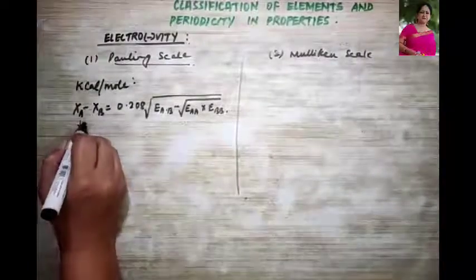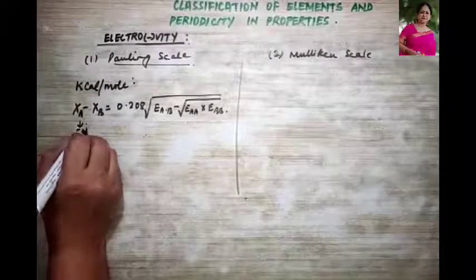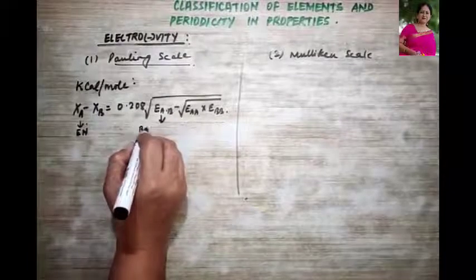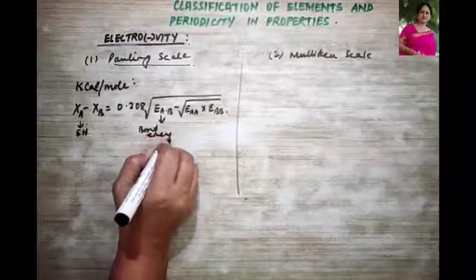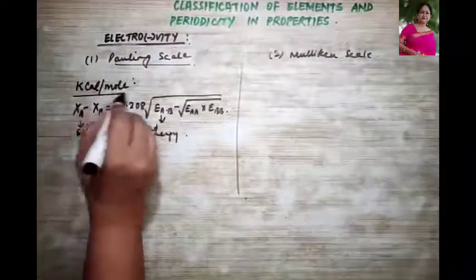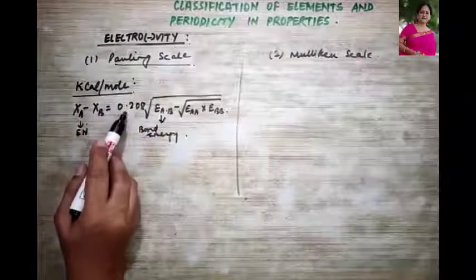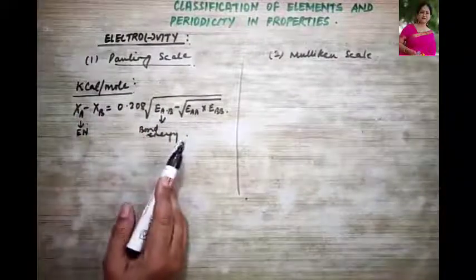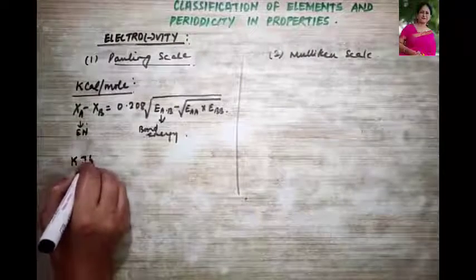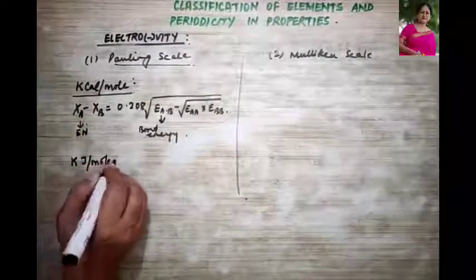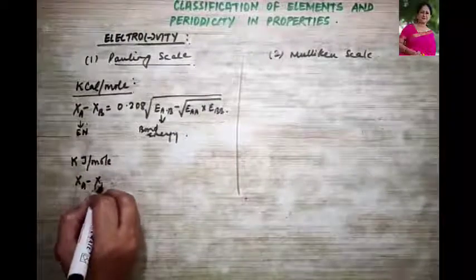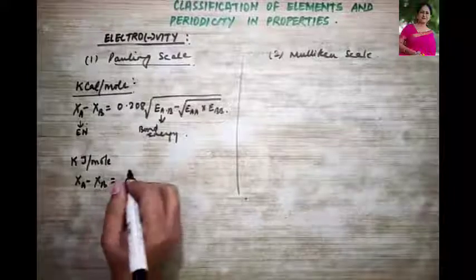What is this? This is your electronegativity, and what did I say over here? This is your bond energy. Is that clear? So if your electronegativity is given in kilocalorie per mole, then this is the formula that you are going to use. But if it is given in kilojoules per mole, then the difference in the electronegativity of A and B will be calculated how?